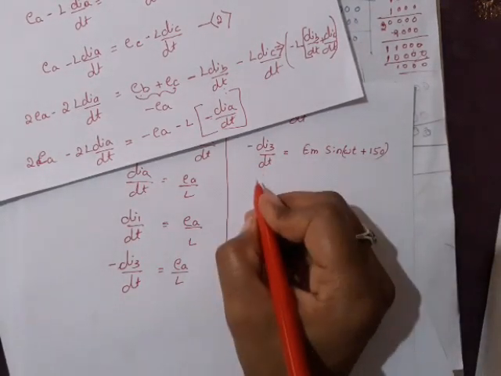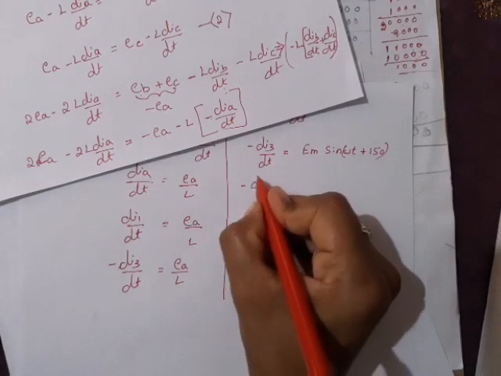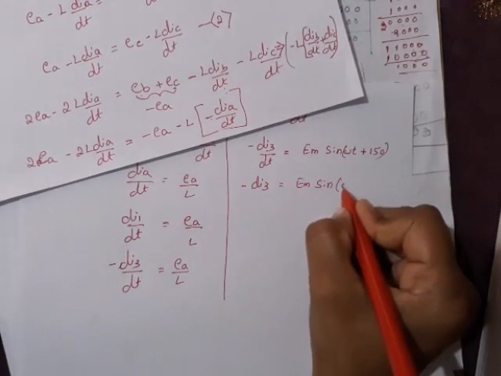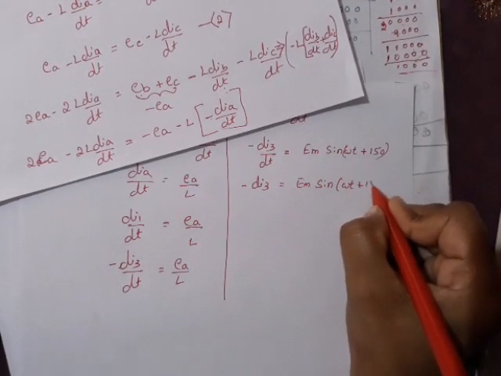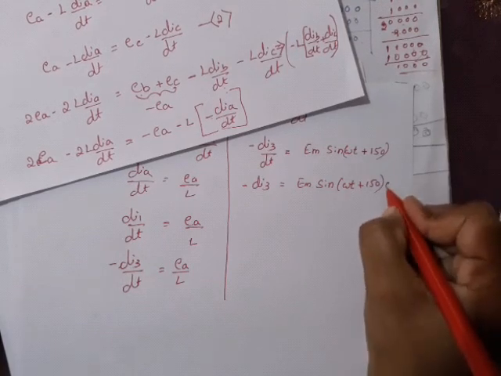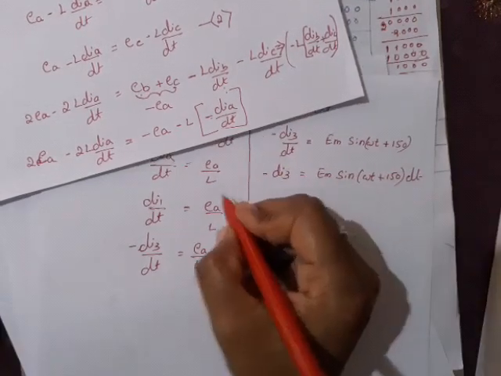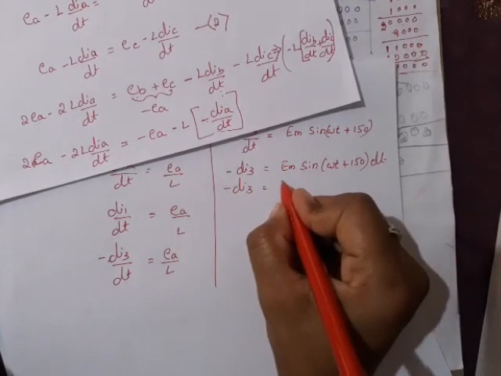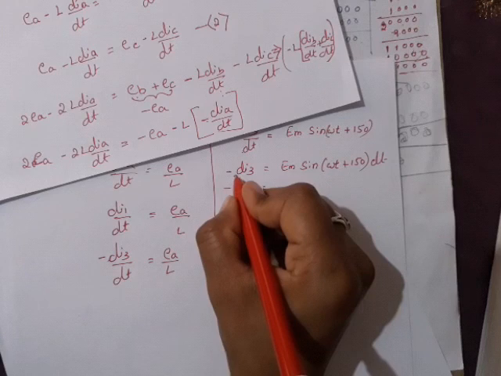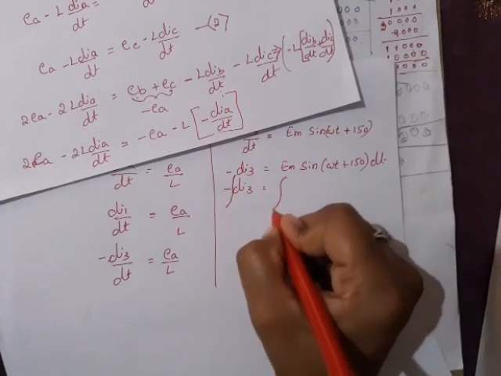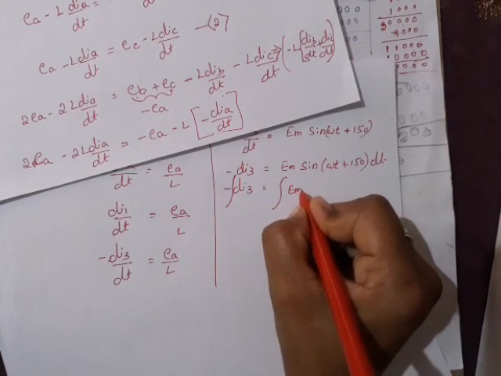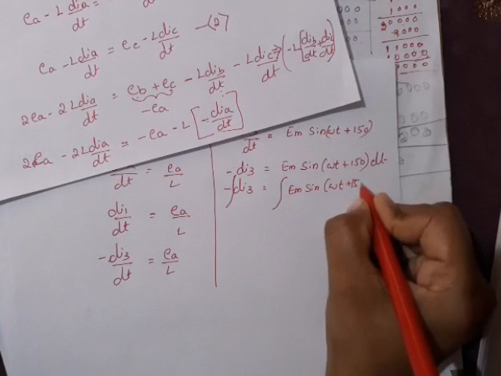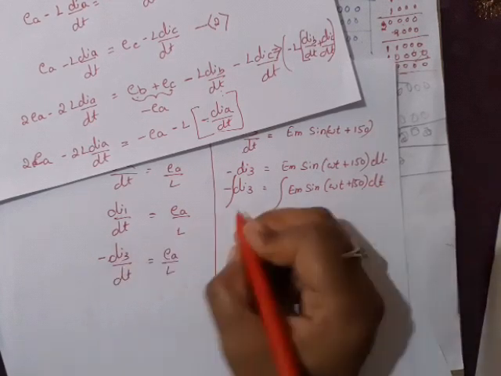Then just integrate this with respect to dt. Minus dI3 is equal to Em sin(omega t plus 150) dt. Apply integration on both sides: integration of Em sin(omega t plus 150) dt.